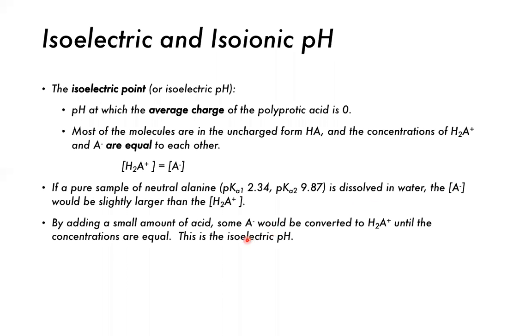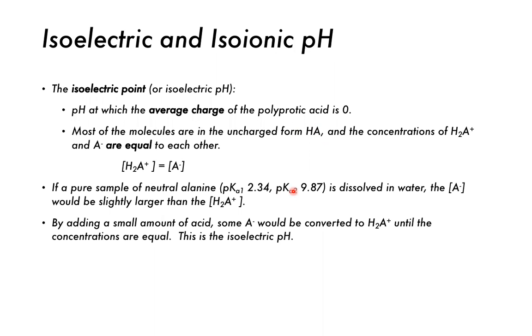So this creates a system where we have equal concentrations of these two. Remember that at our isoelectric point, most of our molecules are in the uncharged HA form, the amphiprotic form. Now, because of the pKa values and the fact that it is dissolved in water, we end up with more A- in solution than H2A plus, which means that in order to convert the A- into H2A plus, we must have an excess of protons.